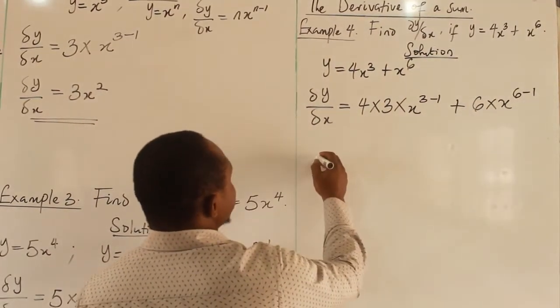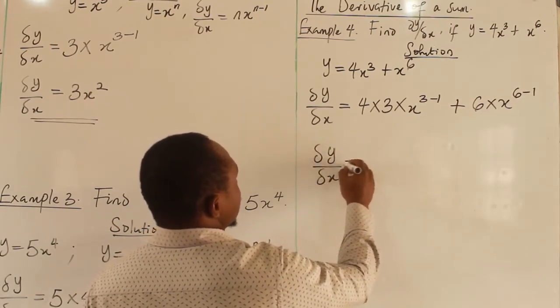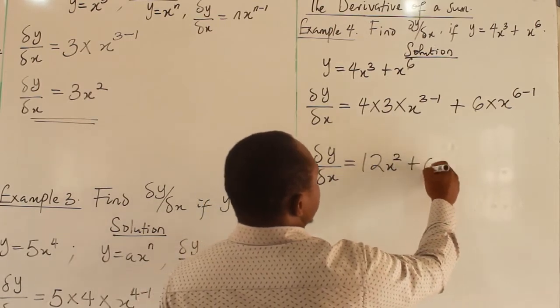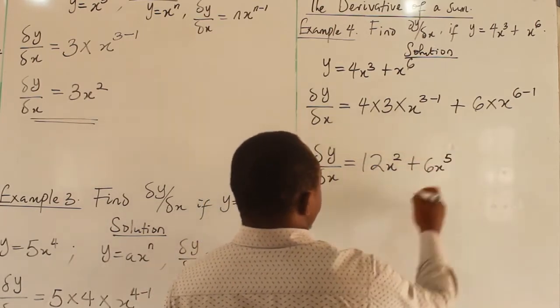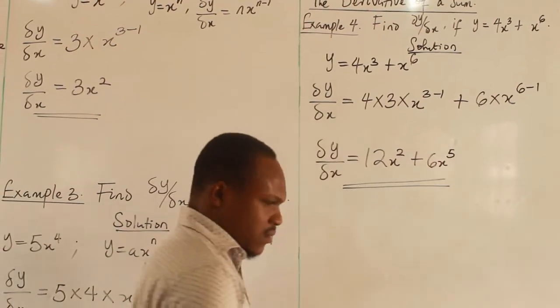So this becomes, well, dy over dx is 12x raised to power 2 plus 6x raised to power 5. This is the value of dy over dx.